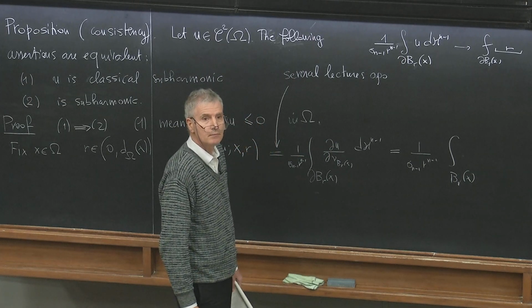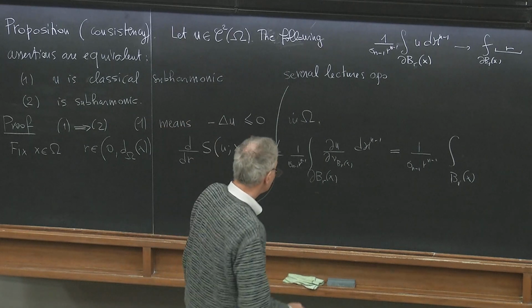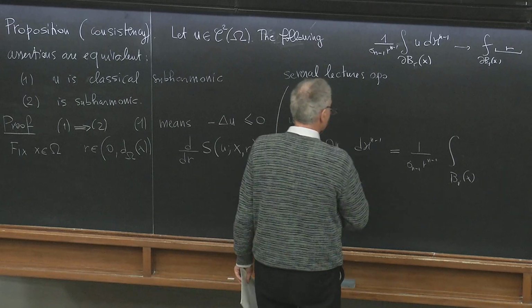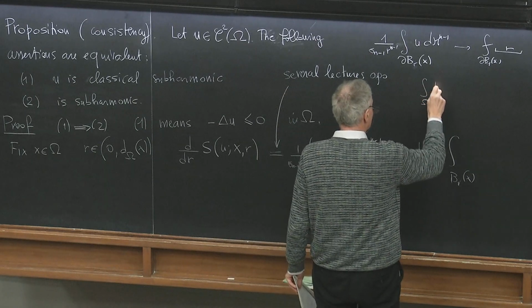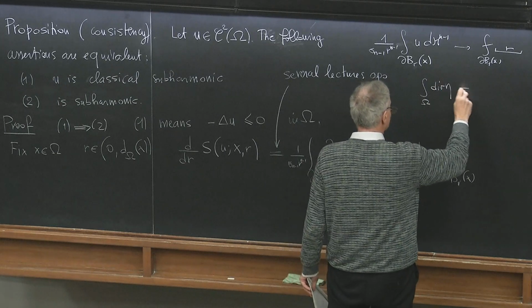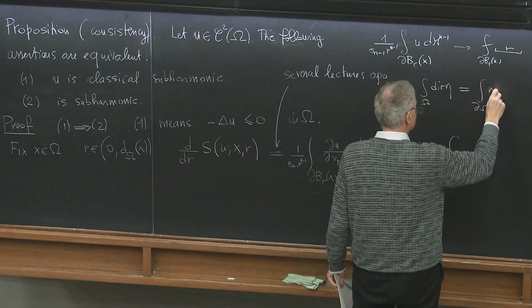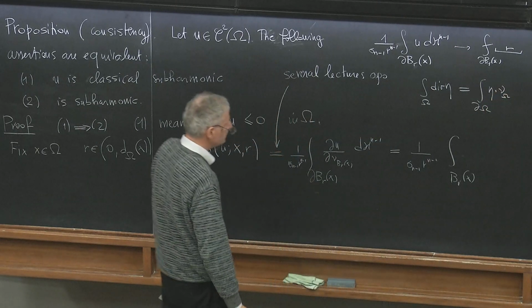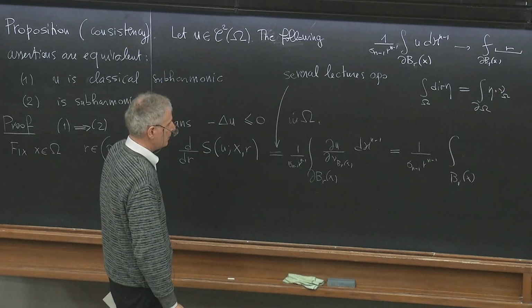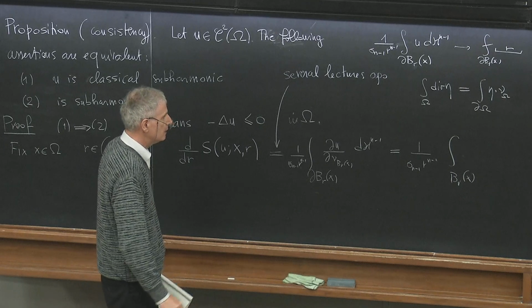I have to use the divergence formula, no? So let me quickly write it roughly. For a vector field eta. What is this vector field here?